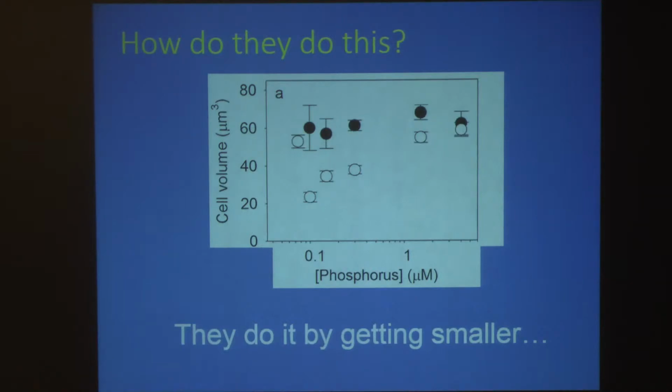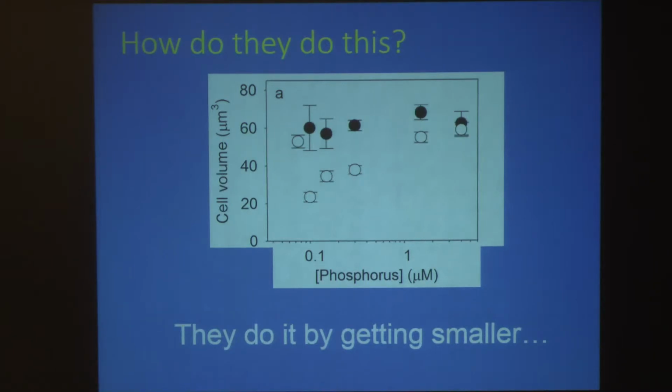And what's going on here? Well, what we think is when they're limited by both, they're able to miniaturize and they can keep their specific growth rates higher because they need less carbon, less nitrogen, and less phosphorus to build a new cell. And so they can grow faster. Their specific growth rates are faster. I'll come back to this again in a little while.